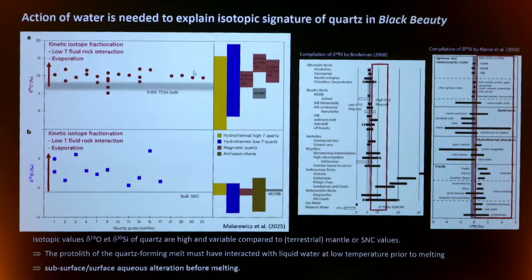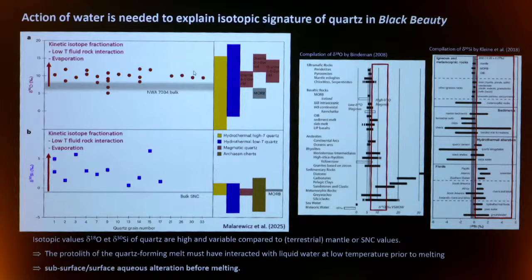We can go further about the action of water on the formation of this quartz. And to do this, we can look at the isotopic composition of this quartz, again using ion microprobe. And this is represented here at the top for the delta O18, the oxygen-18 isotopic signature, and the delta silicon-30 with the blue square.